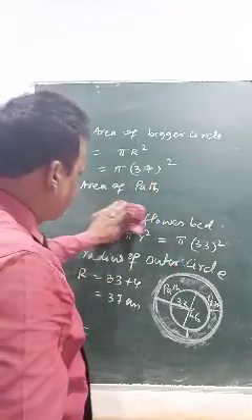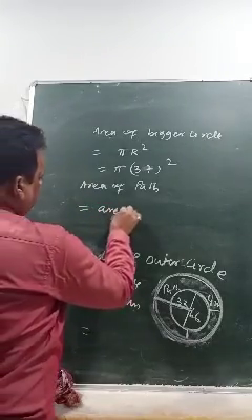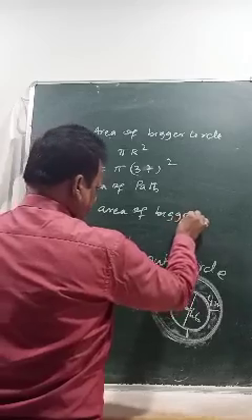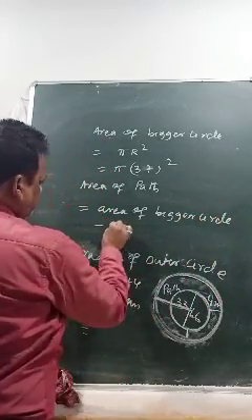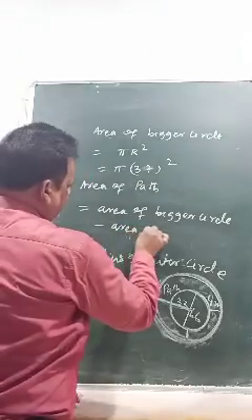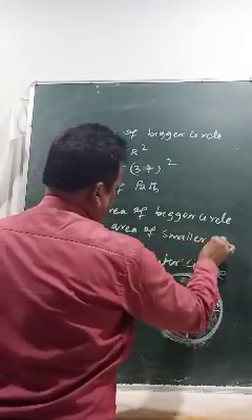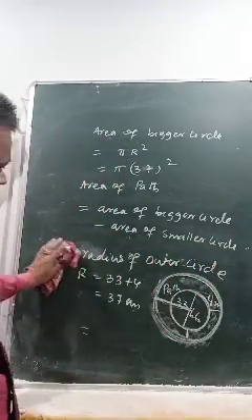now area of path equals to area of bigger circle minus area of smaller circle. Bigger circle how much?